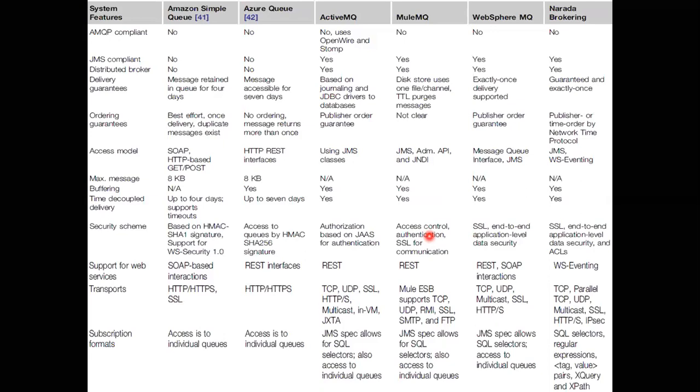What are the messaging and queuing systems we are using? Amazon Simple Queue, Azure Queue, ActiveMQ, MuleQ, WebSphere MQ, and Narada Brokering. The last one is a very important one, Narada Brokering. Amazon and Azure you also know.